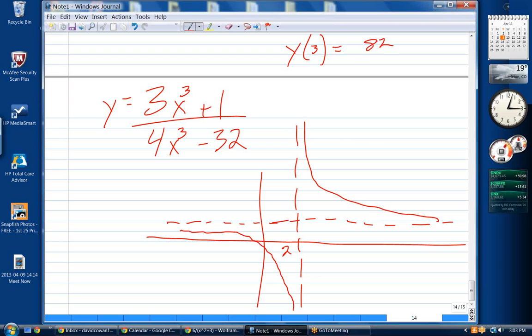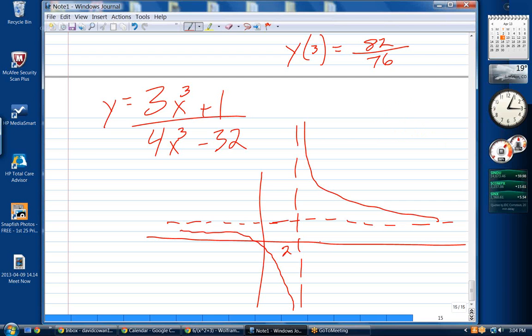So it's 82 in the numerator. And what is 3 cubed again? 27 times 4 is 108. So we have 108 minus 32, which is 76 in the denominator. So that number is slightly greater than 1.